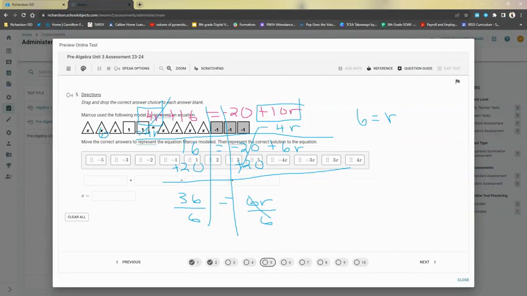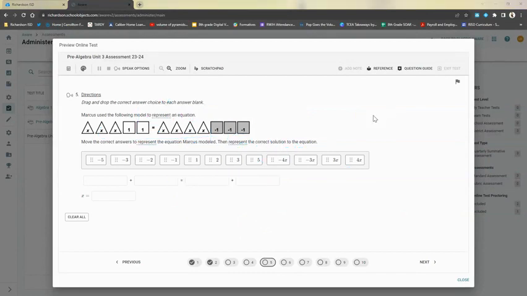5. So 5 here, drag and drop what this equation would look like. So here we have 3 x's, so I'd have to put 3 positive x's plus 2 positive 1's, which equals 4 x's plus 3 negative 1's. And anytime you want to put a plus minus, you put a minus.